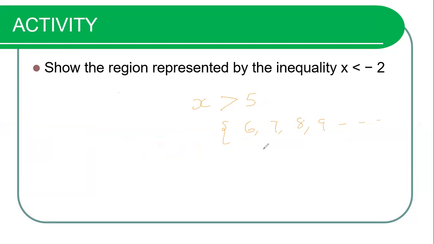Now, in case I'm graphing, the region which has those values of 6, 7, 8, 9 is what we call the wanted region, because it satisfies the inequality. Then the region that doesn't have those values, we call the unwanted region. So when you are shading, we are going to be shading the unwanted region, that region that doesn't satisfy the inequality. Kindly let me know whether that is okay.